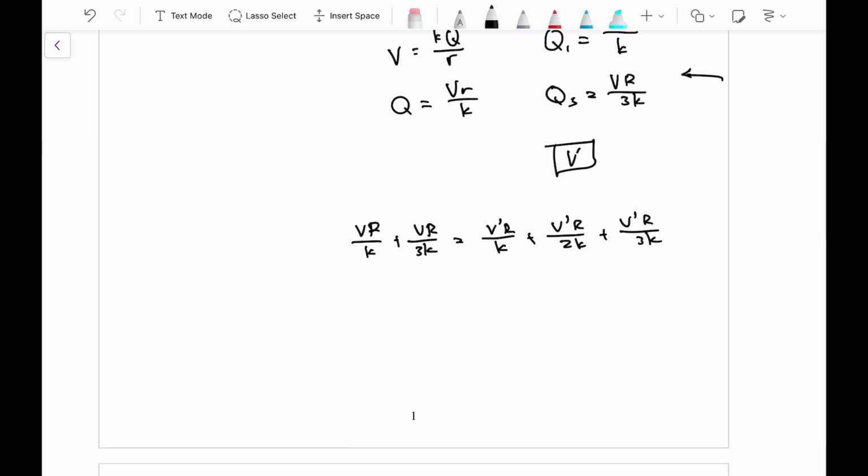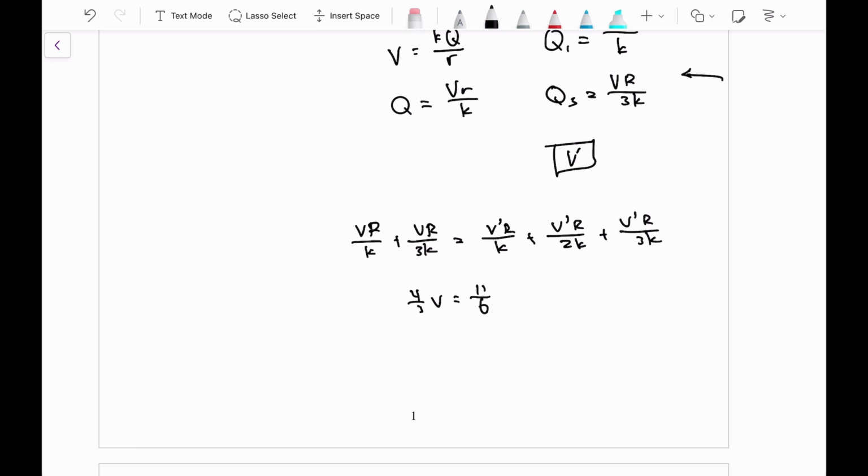Now, we can cancel out all the R over k's. So on the left side, what's left will be 4 over 3 V. And on the right side, that will be 1 plus a half plus a third. So that is 5 over 6, plus 1, that will be 11 over 6.